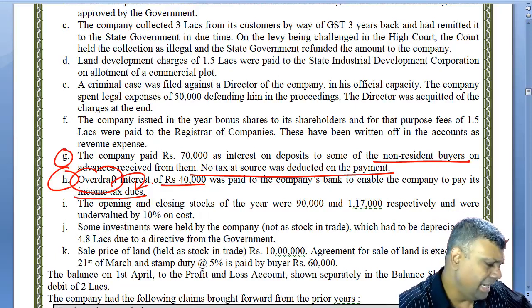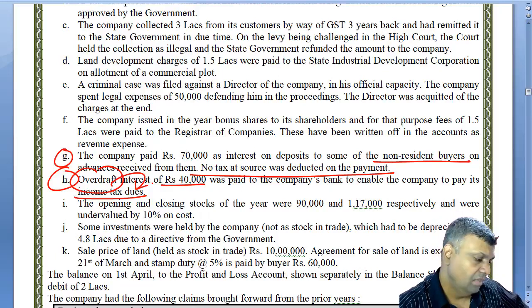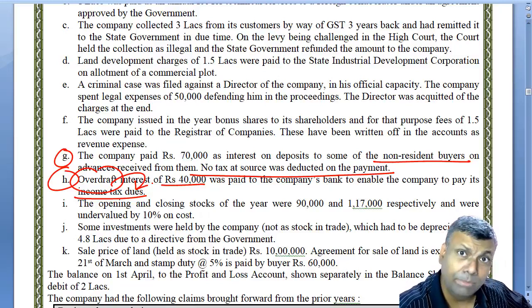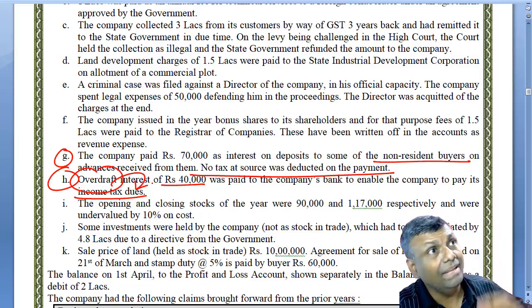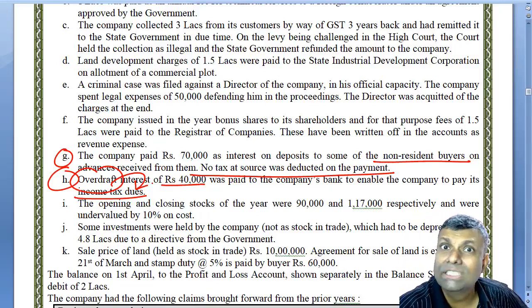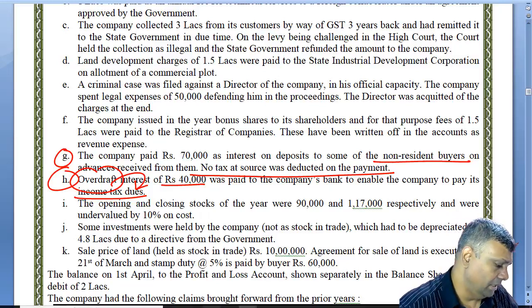And I always said, and also discussed in my earlier lectures, that this nexus theory makes a big difference. In the given question, there is a direct nexus between the overdraft, as printed in the question, and the tax payments. So tax payments are always personal payments. So it is like a personal expense. So you do not get that particular deduction.